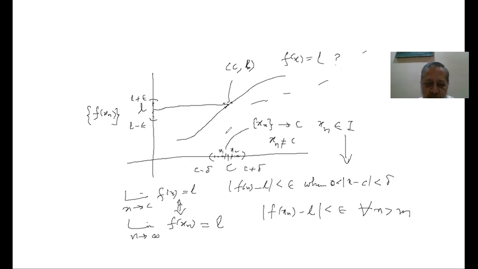For example, this point corresponds to x2, so (x2, f(x2)). This point here is (x1, f(x1)). So f(x1), this height, and f(x2), this height, they are very, very close to each other. They are not very different, and that is expressed in the Cauchy criterion.